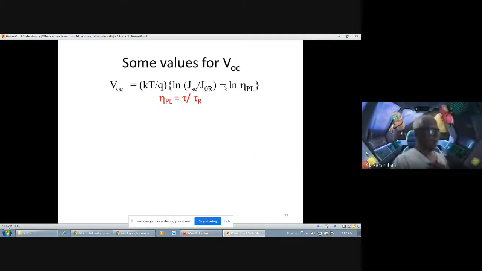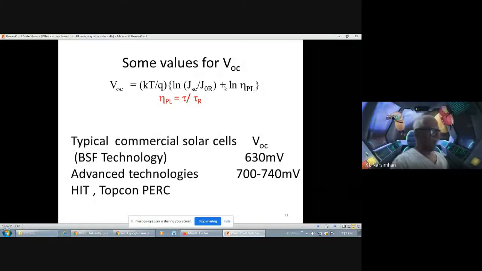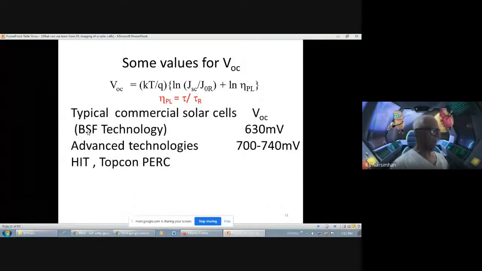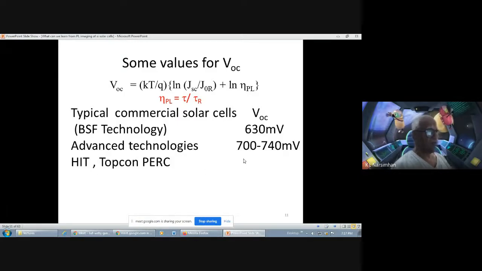Now let's look at some values for VOC. Most of the commercial technologies, which are back surface field technology, have a VOC around 630 millivolt. These days much better technologies are available, like PERC, TOPCon, HIT, etc., where VOC is of the order of 700 to 740 millivolt.